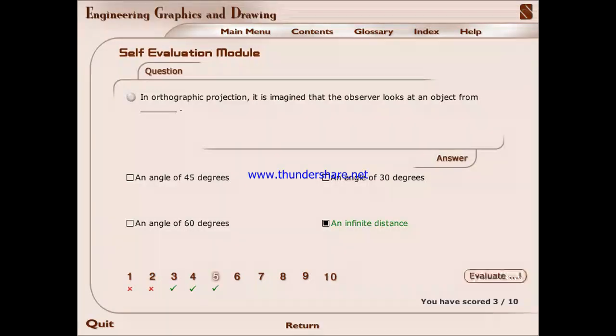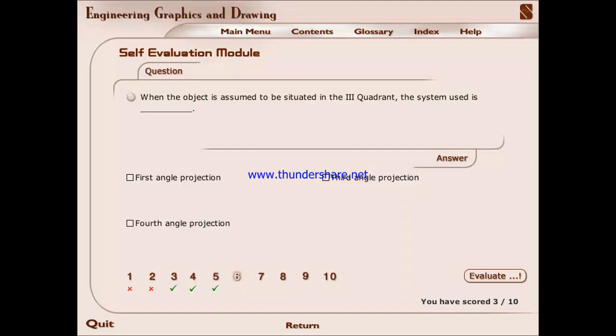Maybe infinite distance. Next, sixth one. When the object is assumed to be situated in the third quadrant, the system used is first angle projection, third angle projection, fourth angle projection. Maybe it is third angle projection. When the object is situated in the first quadrant, the projections conform to first angle projection.